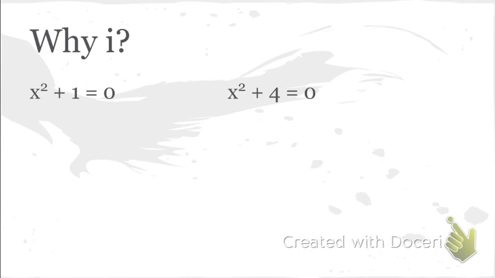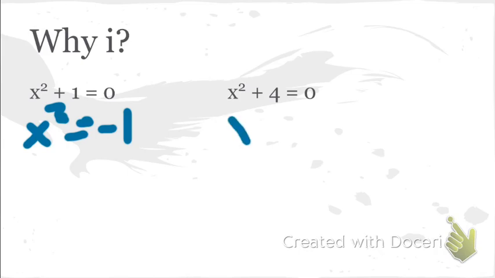So here are two math questions, two equations, each that have no solution. But we want to distinguish between the two. So let's solve both of them. We have x squared plus 1 equals 0. So if we subtract 1 on both sides, we get x squared equals negative 1.